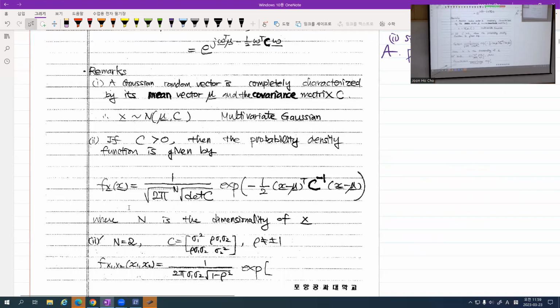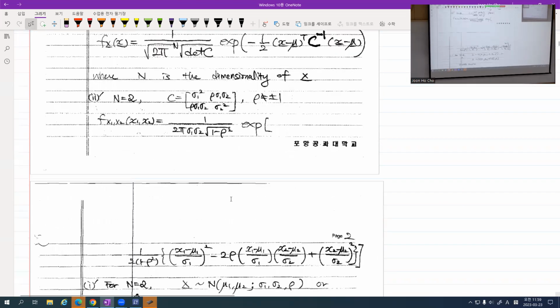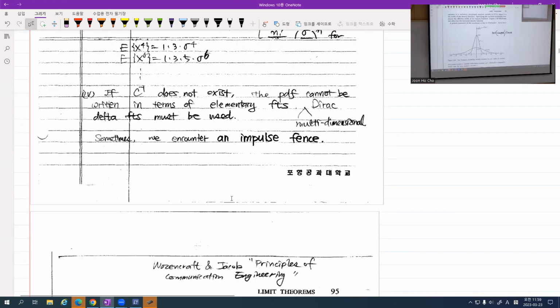you've already seen in the real Gaussian case, this is the general joint density function when we have invertibility of the covariance matrix. So if the covariance matrix is not invertible, what happens? We need impulse fences. Let me show you some special impulse fence if I still have it.